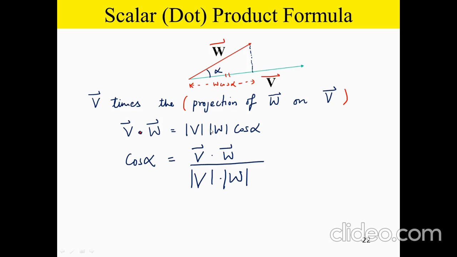Mathematically it is given by v dot w, which is equal to the magnitude of v and the magnitude of w times the cosine of the angle between the two vectors. So w cos alpha is the projection of your w vector on the other vector to which it is getting multiplied. From this formula, if you know the vectors and their magnitudes, you can find the angle between two vectors as well.